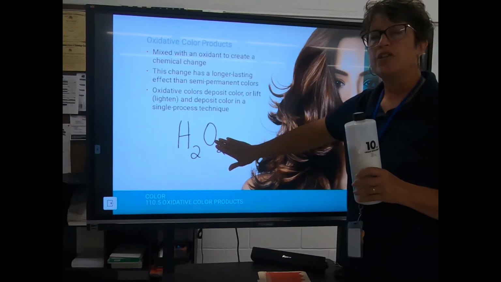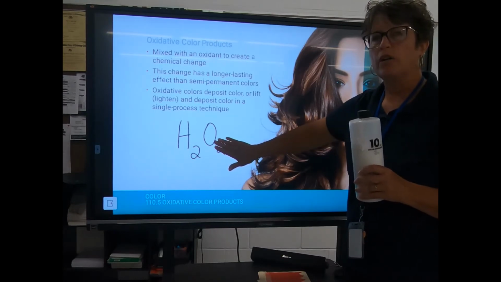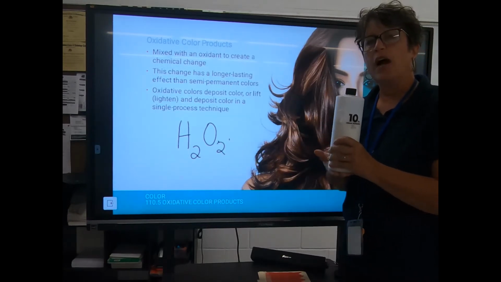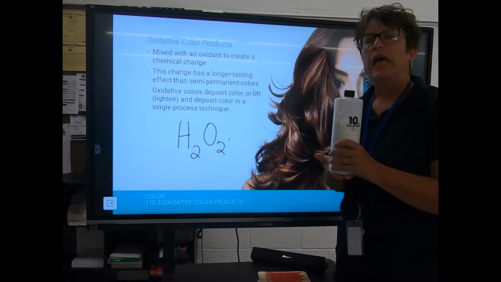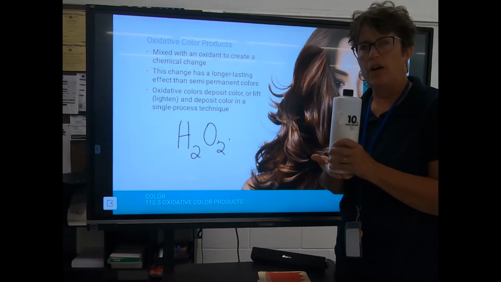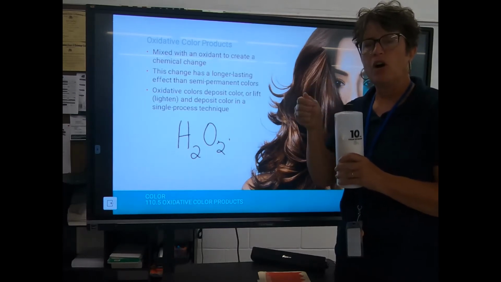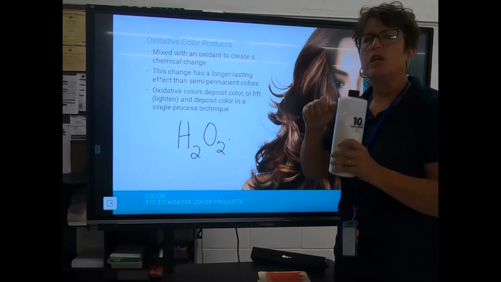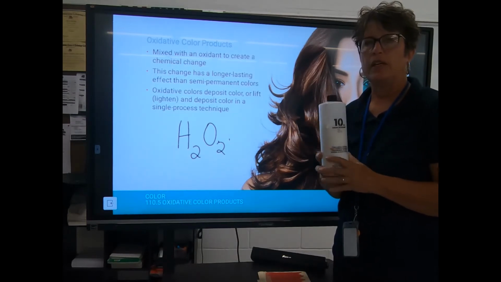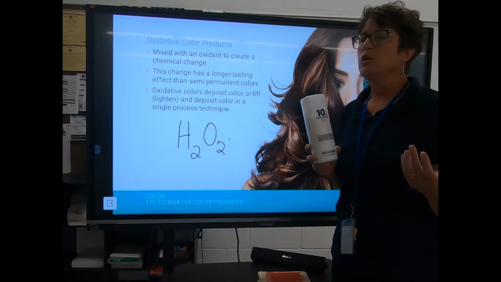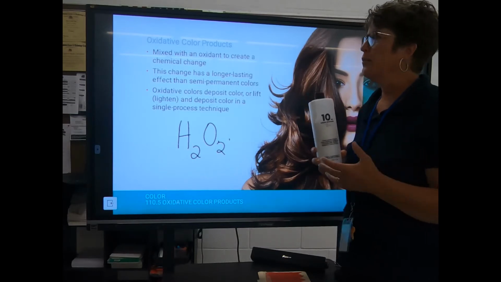It's no longer H2O2, it becomes water. So you ruin your hydrogen peroxide, you lose all the potency of it to work if you let the lid off. So you have to be very, very conscious. You use it, you put the lid back on. Do not walk away and leave the lid off of any of this. You'll be doing someone's hair and wonder why it's not working, okay?